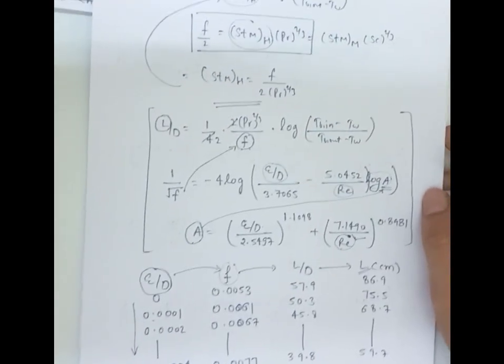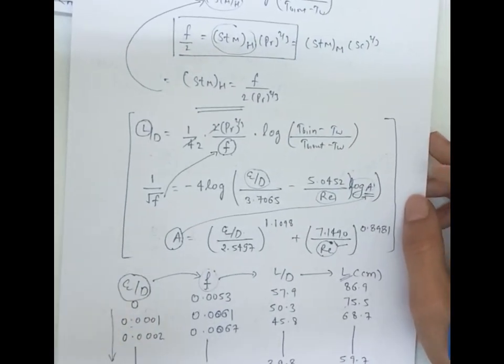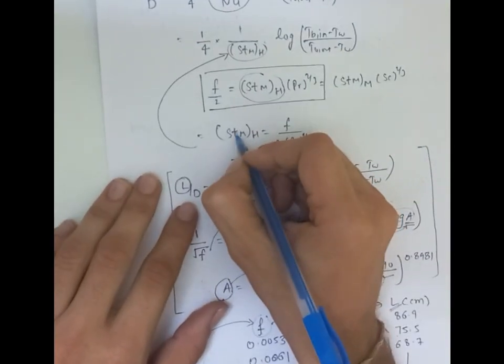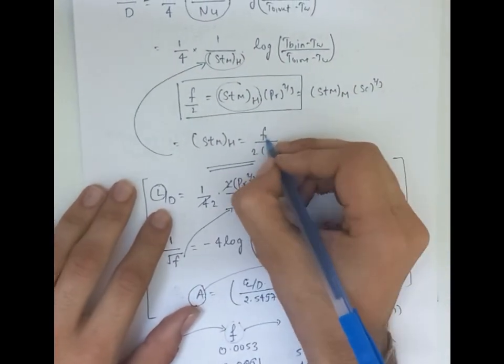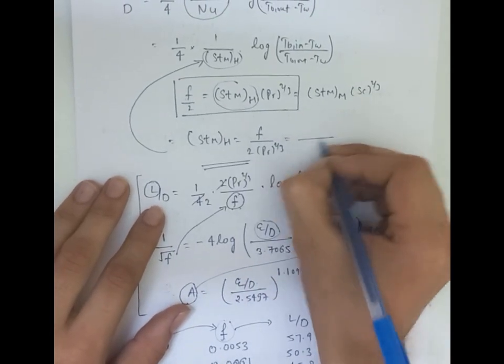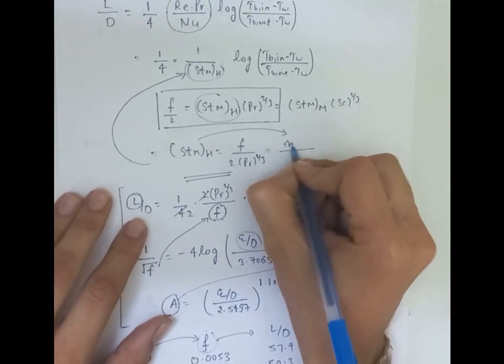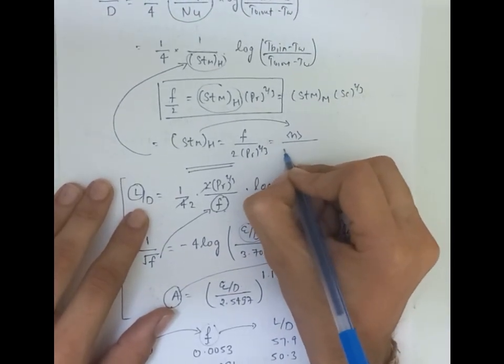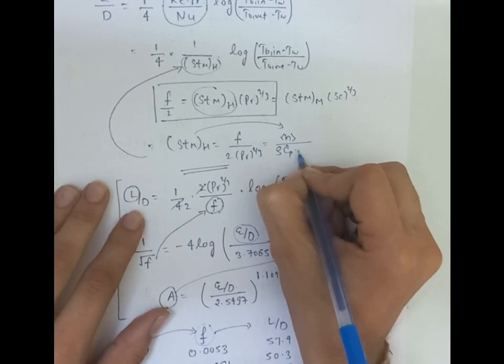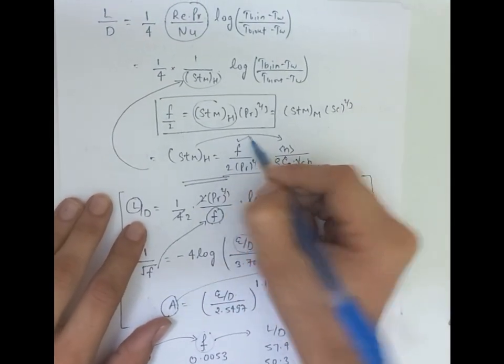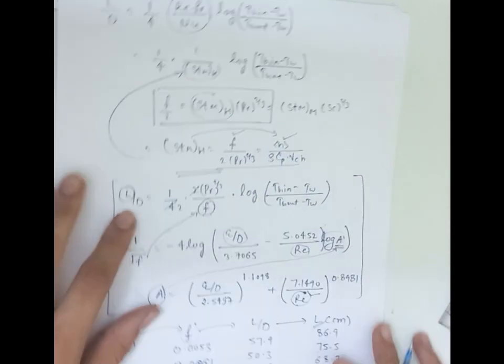When the friction factor increases, the power consumption or heat dissipation increases, because from this relation, the Stanton number heat transfer correlation with the friction factor, we can expand this form in terms of the heat transfer coefficient, the density, Cp and characteristic velocity. We can see that the friction factor is directly proportional to the heat transfer coefficient.